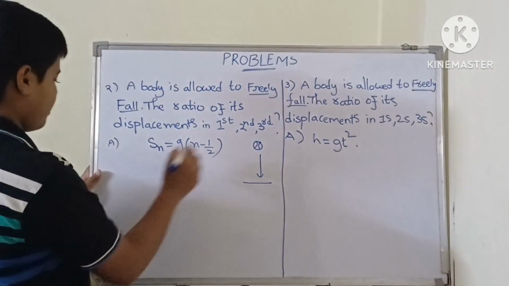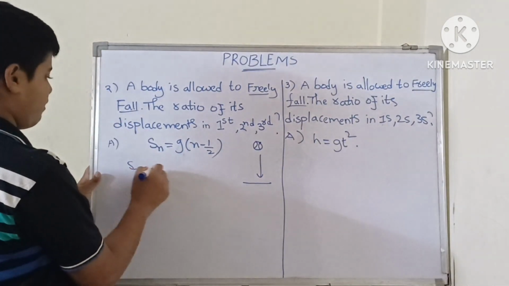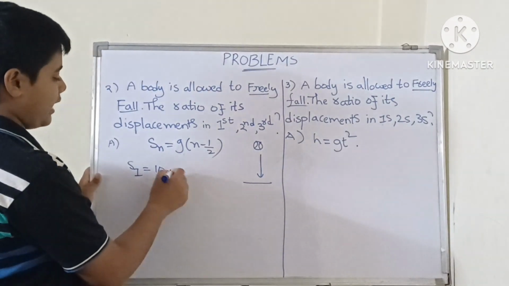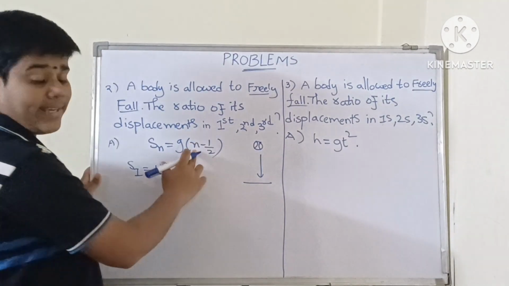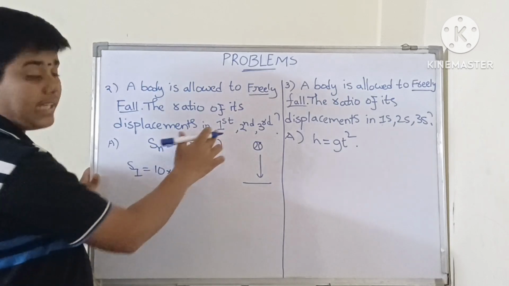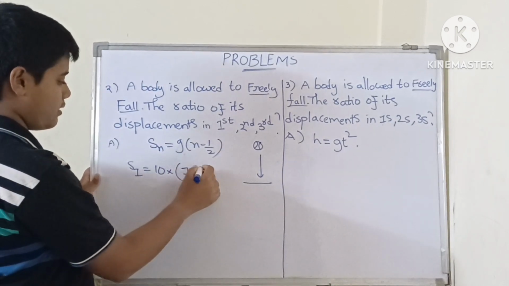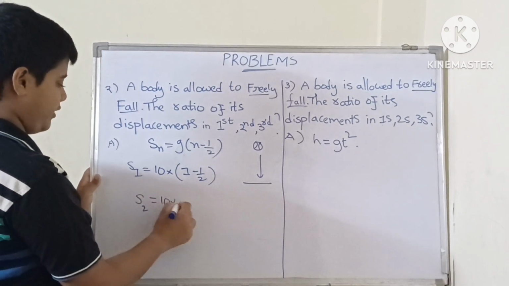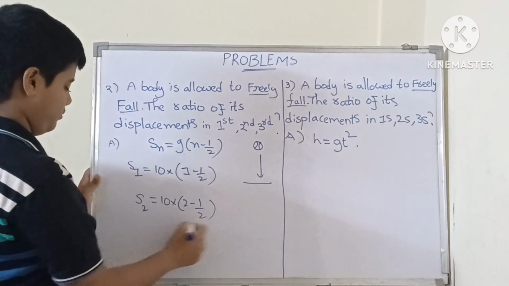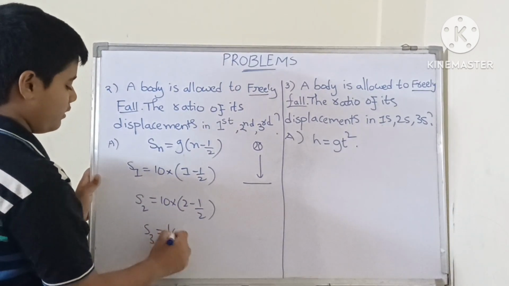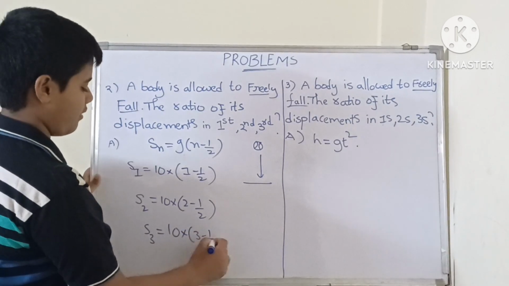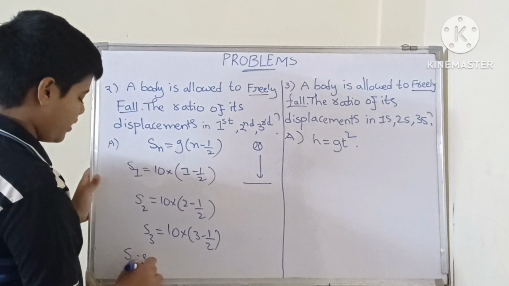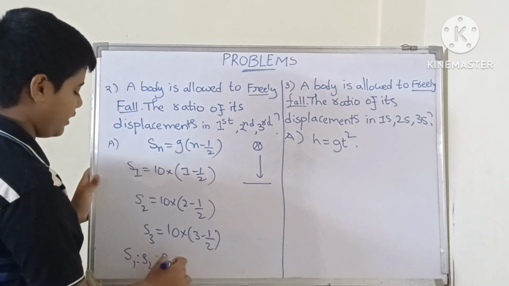So here S1 equals 10 into 1 minus half. We take g as 10 approximately, and n means time, how much they give. S2 is 10 into 2 minus half, and S3 is 10 into 3 minus half. So here we have to find S1 is to S2 is to S3.